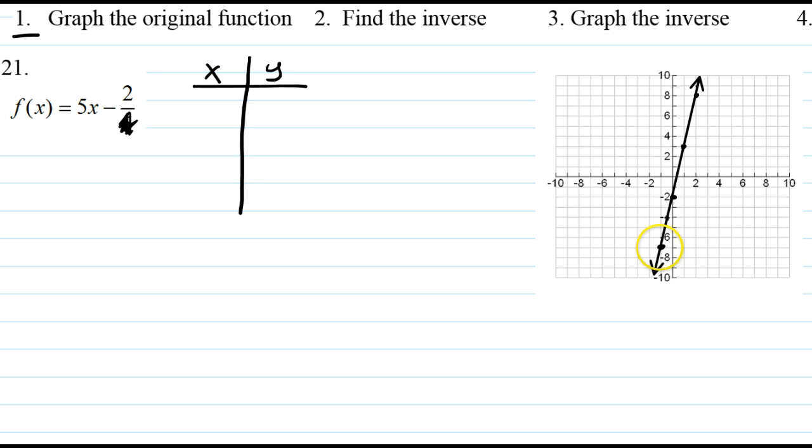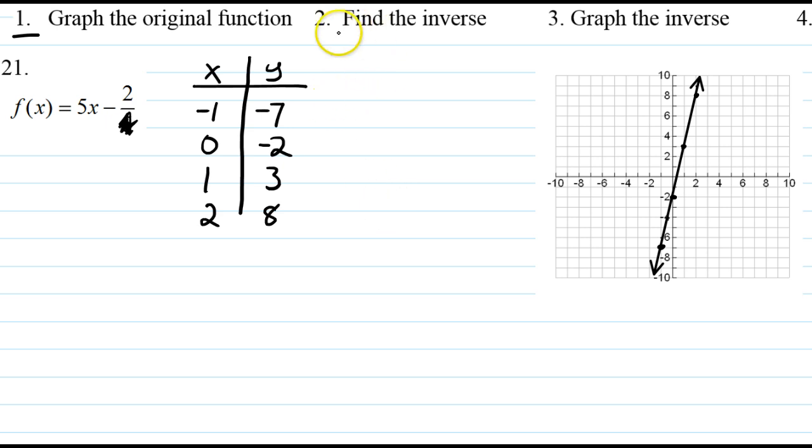And so here at negative 1, negative 7, and then 0, negative 2, 1, 3, and 2... oh, that's right, 2, I was doing the math wrong in my head, 2, 8.